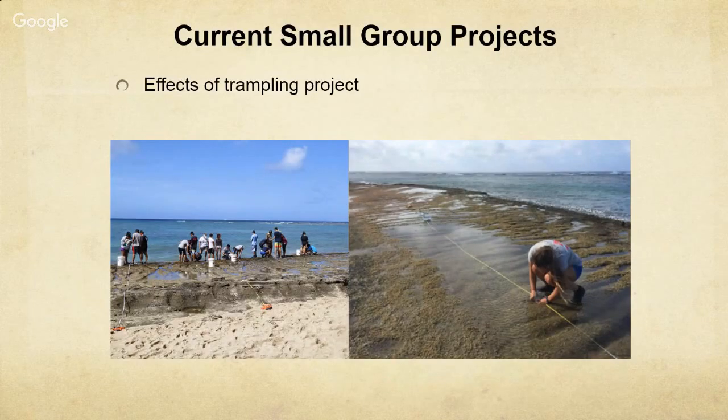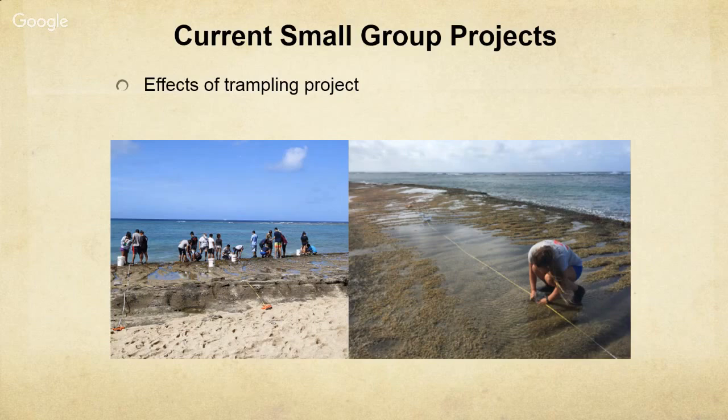So the first one is the effects of trampling. So these students looked at the height of the turf algae before and after a field trip of 20 middle school students went out there and took data for us. They also looked at the algal fragmentation, so the little pieces of algae that get dislodged when you walk on these systems.